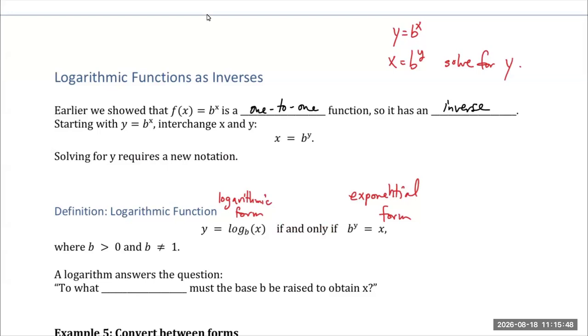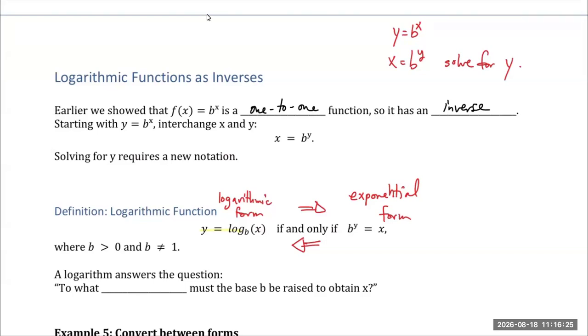So what it means is that if someone writes y is equal to log base b of x, they mean that b to the y is equal to x. So this equation means this is true. Bidirectional means the opposite direction is also true. So if I go in the other direction, when this equation is true, that means that this is also true. So we are basically going to be switching between exponential and logarithmic forms.